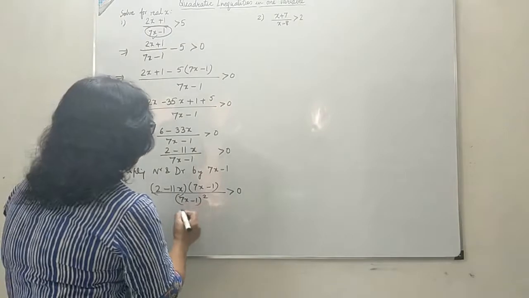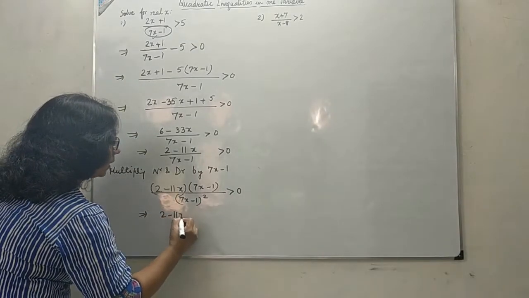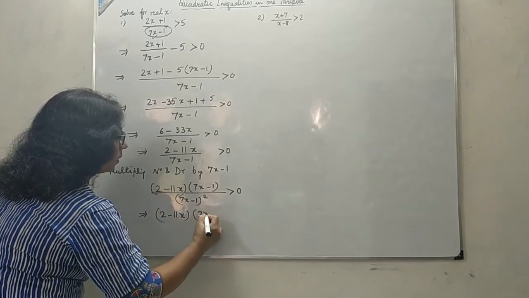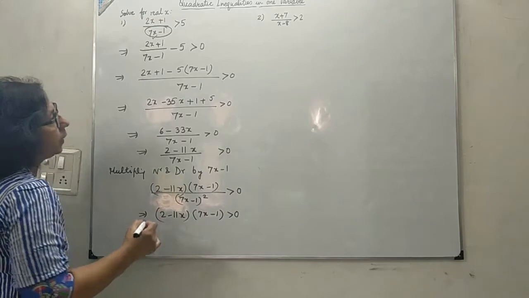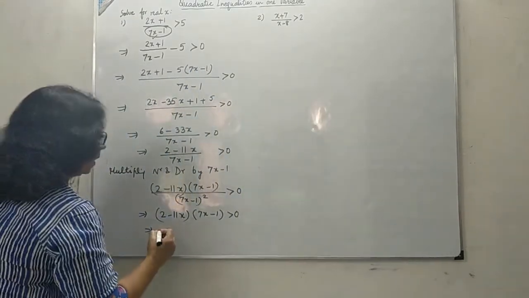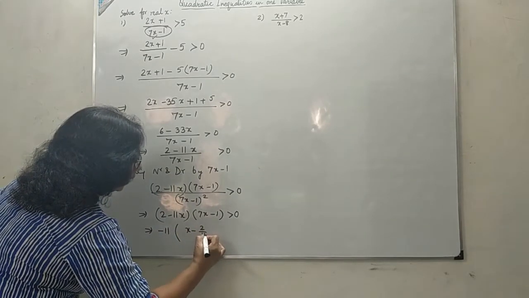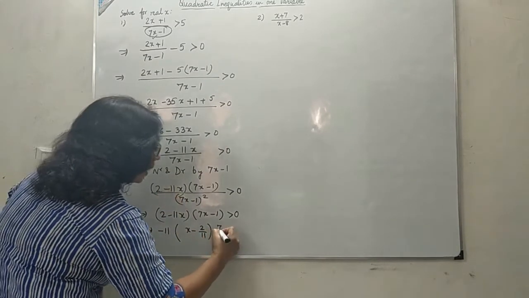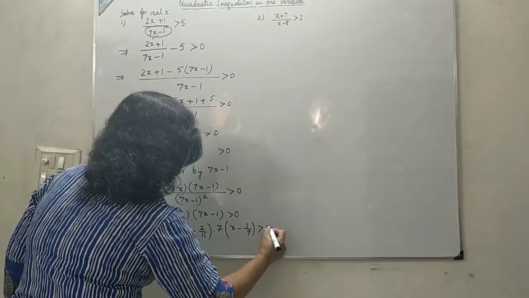So that this is a positive quantity and we can now have 2 minus 11x into 7x minus 1 greater than 0. Now to convert it into the form x minus a into x minus b, I will take minus 11 common, that is x minus 2 by 11, and from here 7 common, x minus 1 by 7 greater than 0.